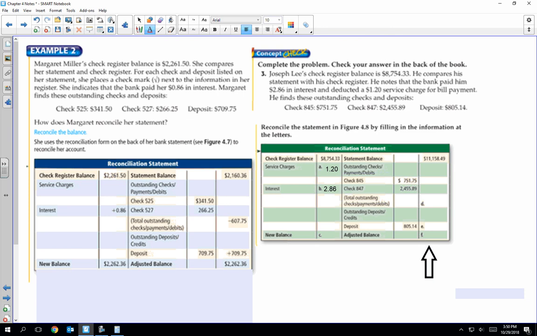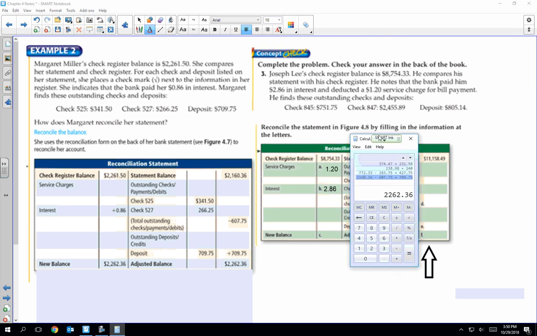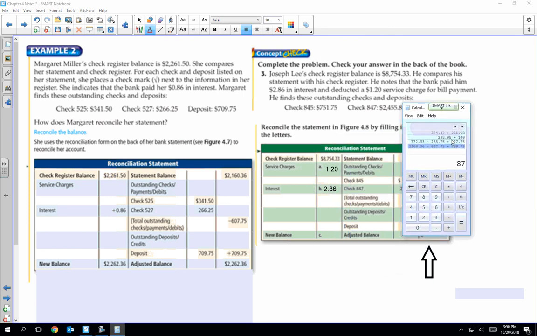And our new balance, if we look on our calculator, we got $8,754.33 minus the service charge of $1.20 plus $2.86 in interest. So we get $8,755.99.